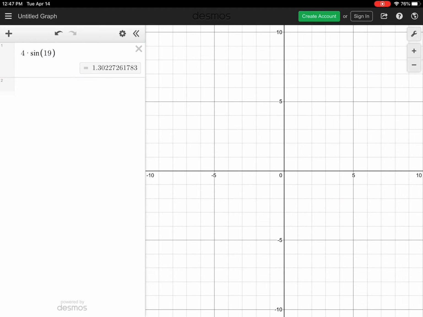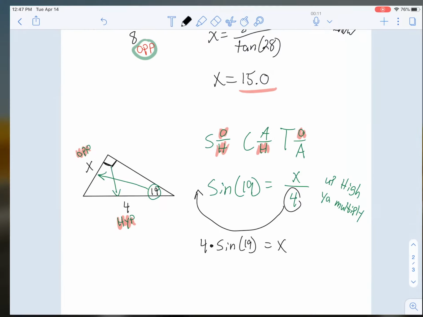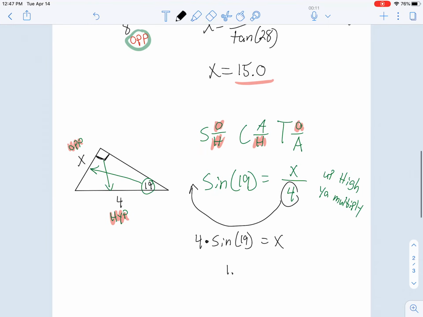So check it out every time. Alright, so I now am in the correct thing. My answer is 1.30. 0 doesn't cause that 3 to change, so my answer is 1.3. Okay, and that represents the side where x is.